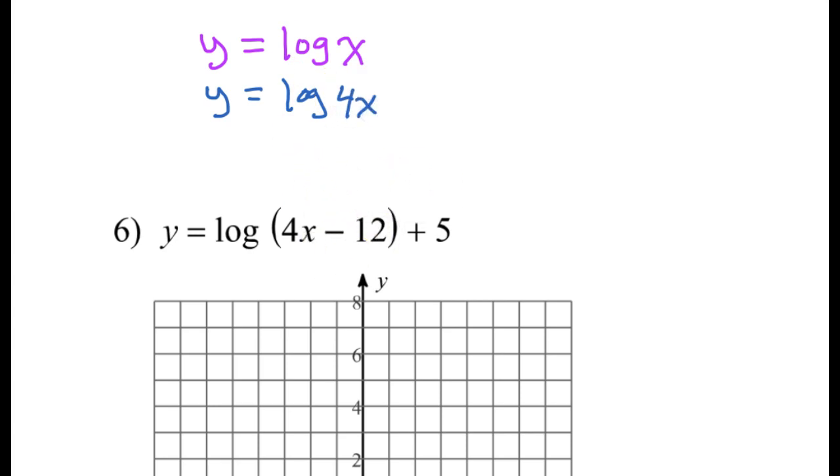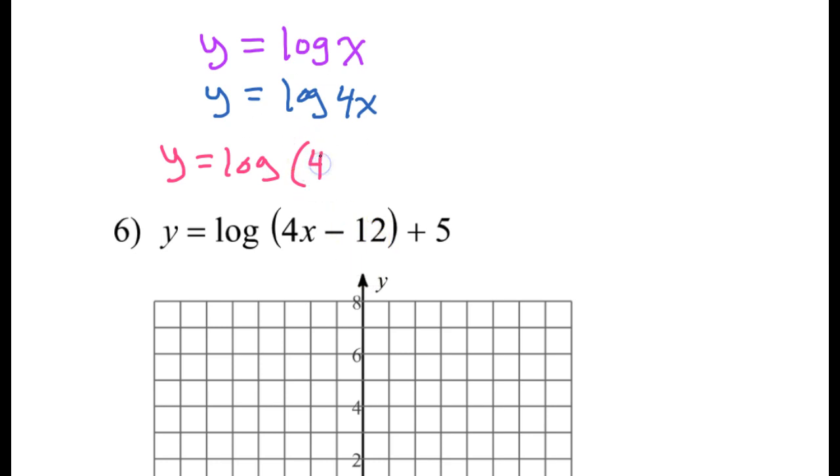Okay, but of course, to get the final answer, I'm going to have to include the minus 12 and the 5. So when I get to that step, the main thing you have to watch out for is the fact that you have to factor out the 4. You can't leave it like this. This is not shifted right 12.